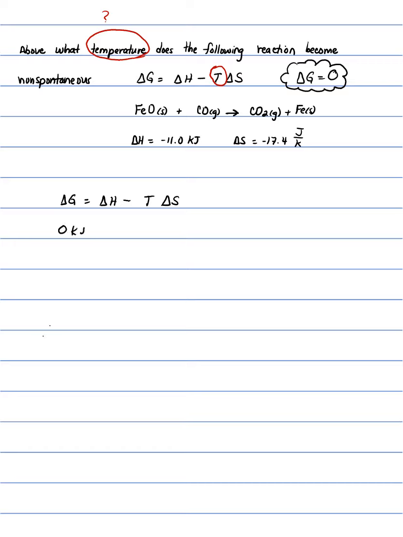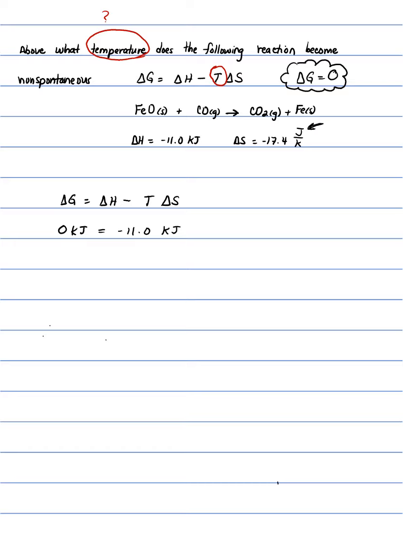It should have units of kilojoules. Okay, I forgot. So it's delta G and we're using units of kilojoules. Your delta H, that's units of kilojoules. But if you check your numerical value here, for the delta S, that's a number in joules. So to plug in the number in your equation, both numbers need to have the same unit. So you can convert your 11 kilojoules to joules or your 17.4 joules to kilojoules.